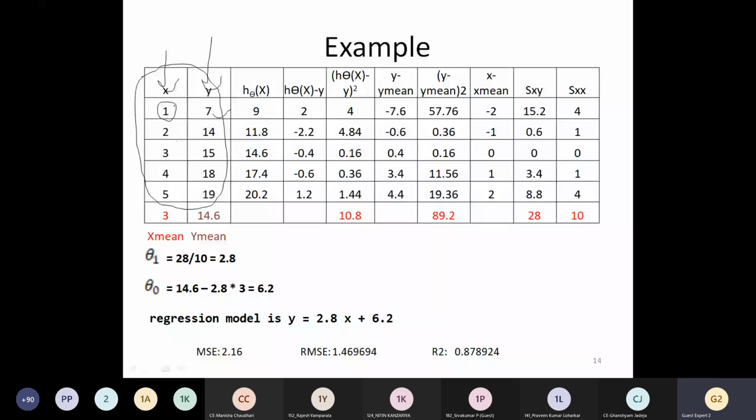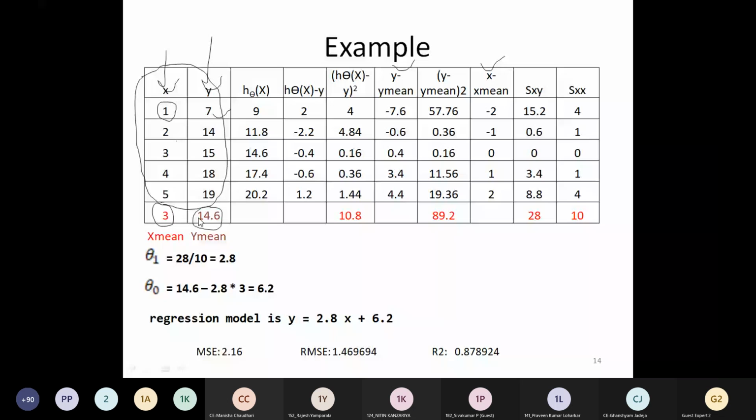Then I have to find y minus y mean and x minus x mean. So x minus 3: 1 minus 3, 2 minus 3, 3 minus 3. That is how I found the x minus x mean column. Then the y minus y mean column is the difference of y and y mean. So this is how I found this column.